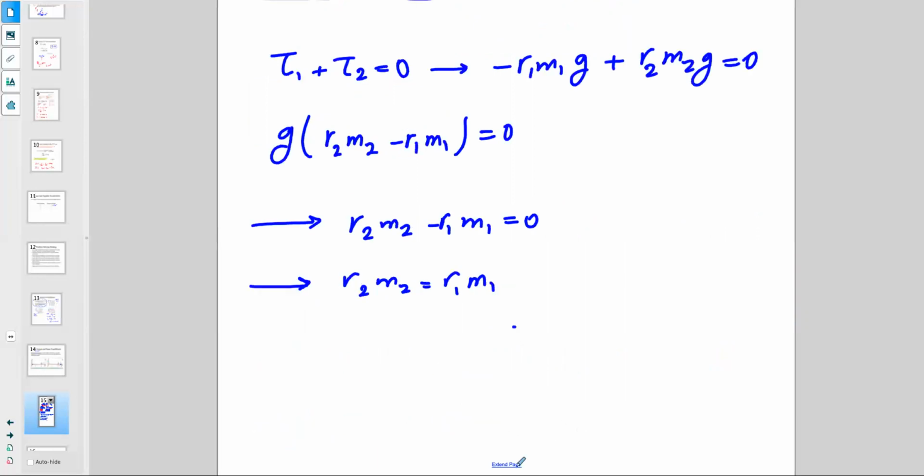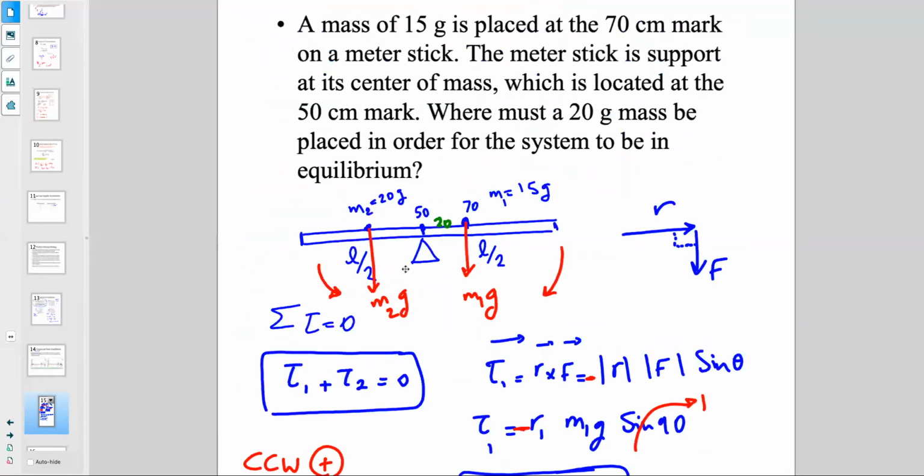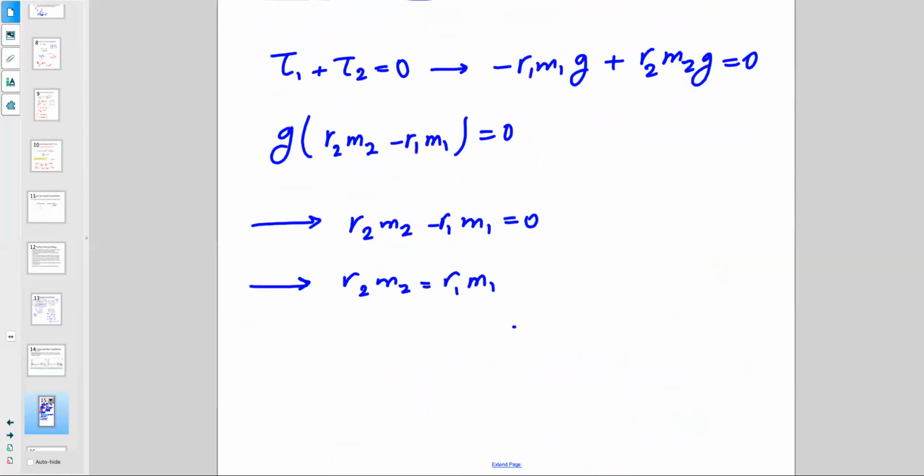Okay, now in order to find R2, which is this length, so this is R2, R2 would be equal to M1 R1 over M2.